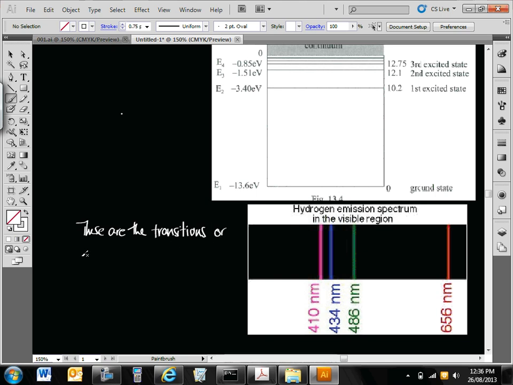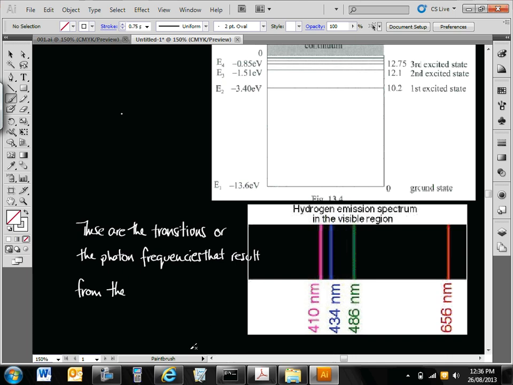Or the photon energies, photon frequencies that result from the visible region.